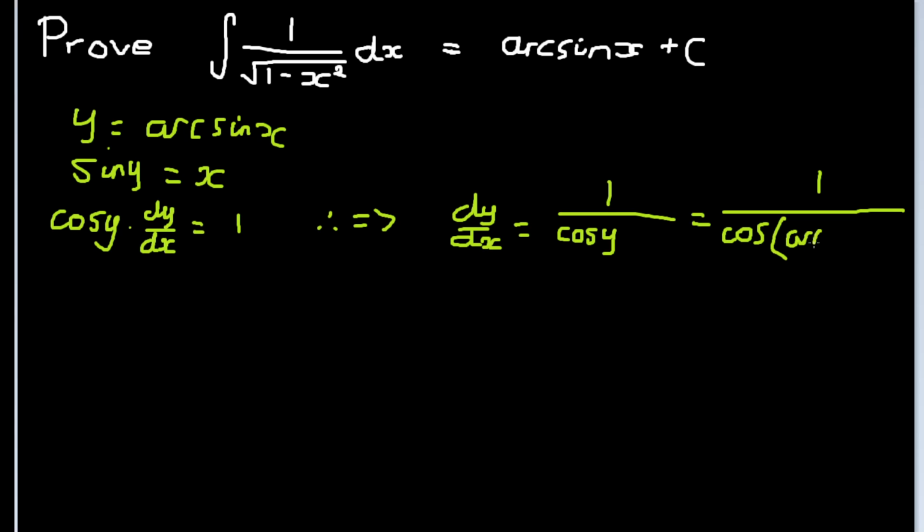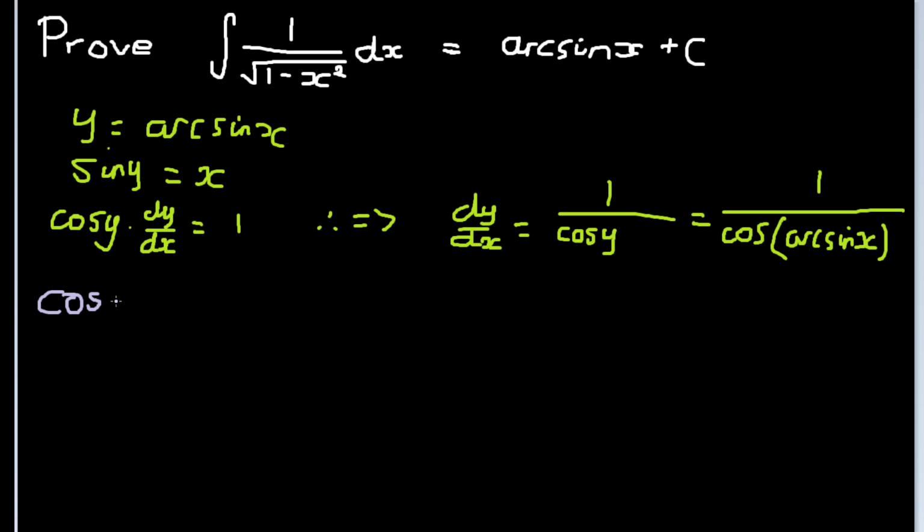Cosine of arcsine of x. And here's our result. But this isn't equal to this. At least it's not immediately obvious. We need to do a little bit more work.